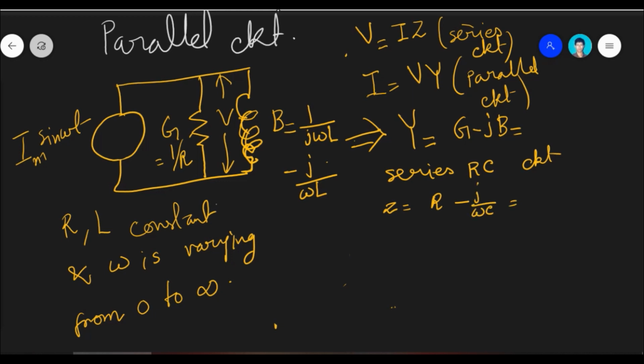You get some formula. Similarly here, as G is frequency independent, let it be G, because 1 by R will again place some difficulty in representation.